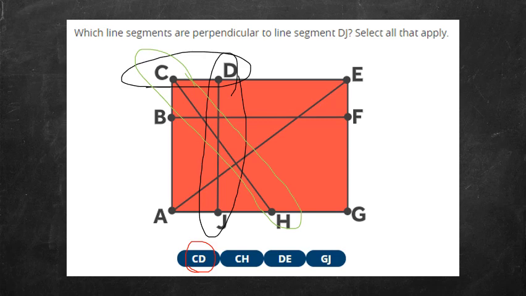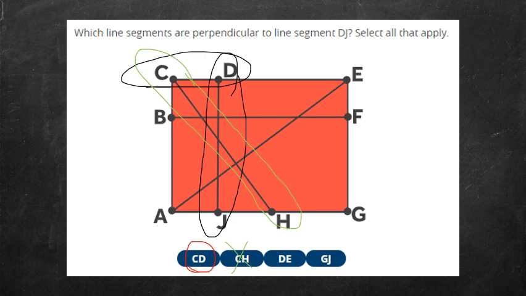Well, no, because I remember that a perpendicular line or a set of perpendicular lines must form a right angle. And line CH is diagonal, so it does not form right angles. So I know that CH is not an answer choice.